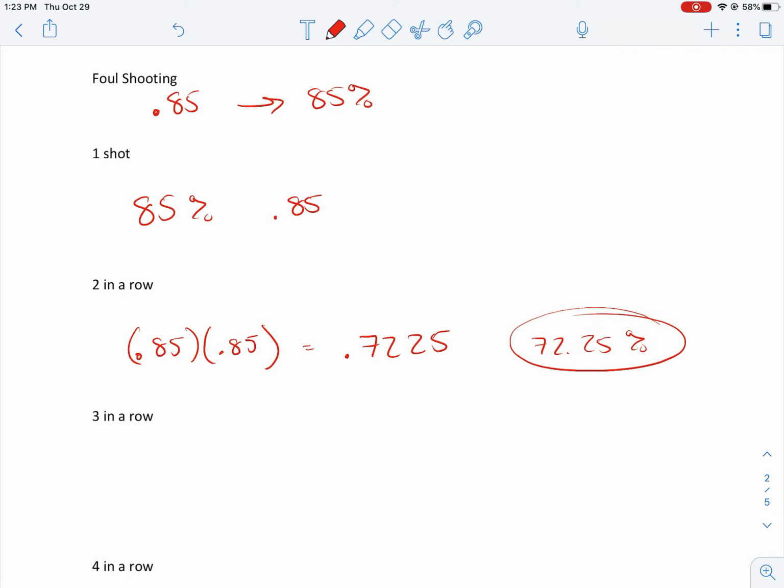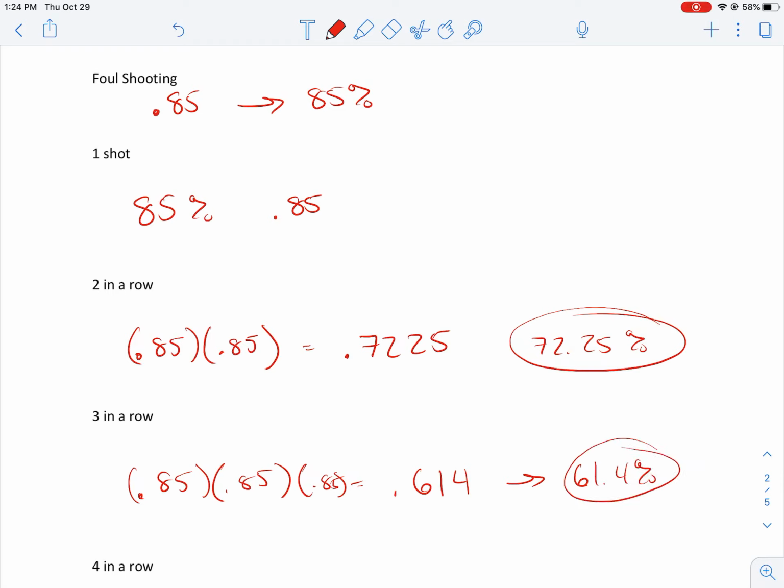Okay? 3 in a row, same process. 0.85. Now my average is down to 0.614, or 61.4%. That's the chance of me making 3 foul shots in a row, just based off of my shooting percentage, or my shooting average, when it comes to foul shots.